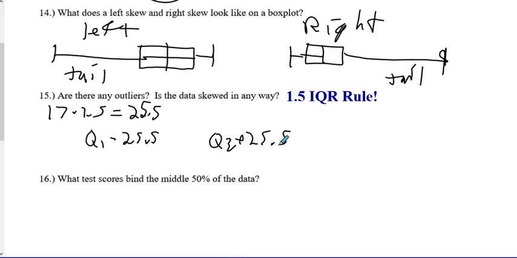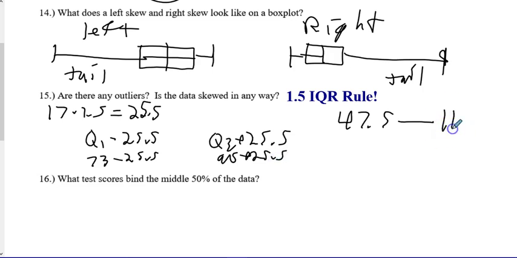All right? So, Q1 was 73. So 73 minus 25.5 is 47.5. And 90 plus 25.5 is 115.5.